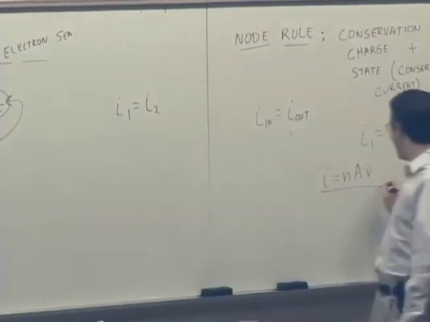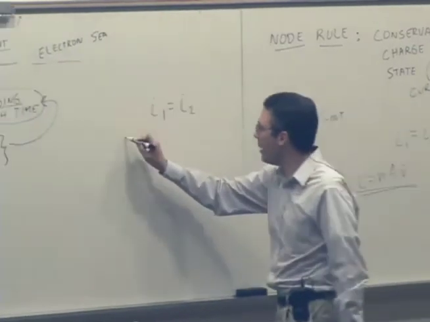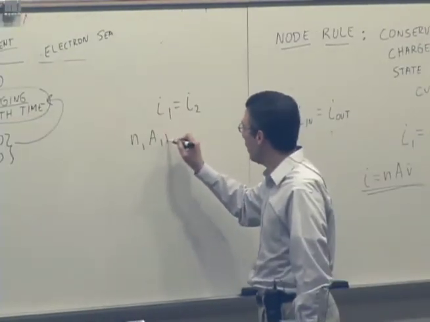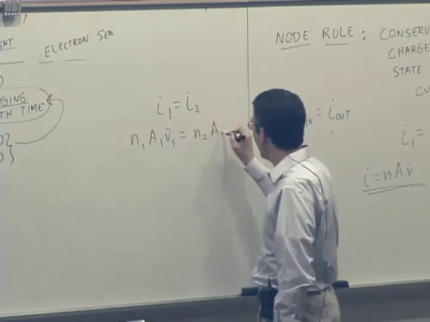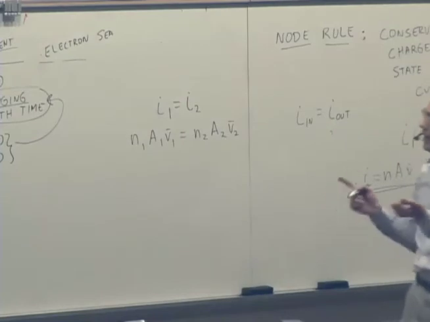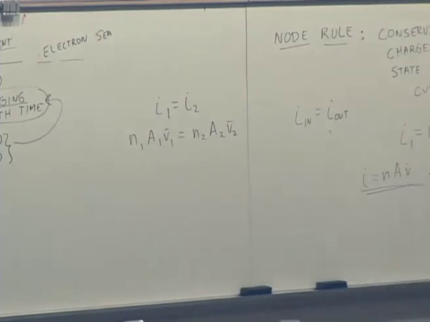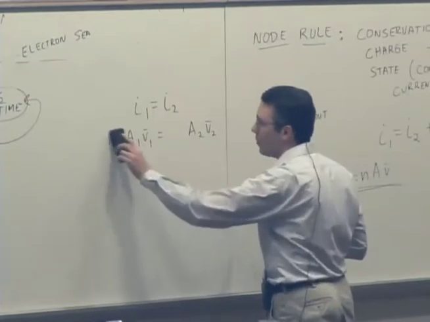Plug in our relationship between electron current and the drift speed, and we have N1 A1 V1 is equal to N2 A2 V2, right? And the electron densities are the same, if it's the same material.